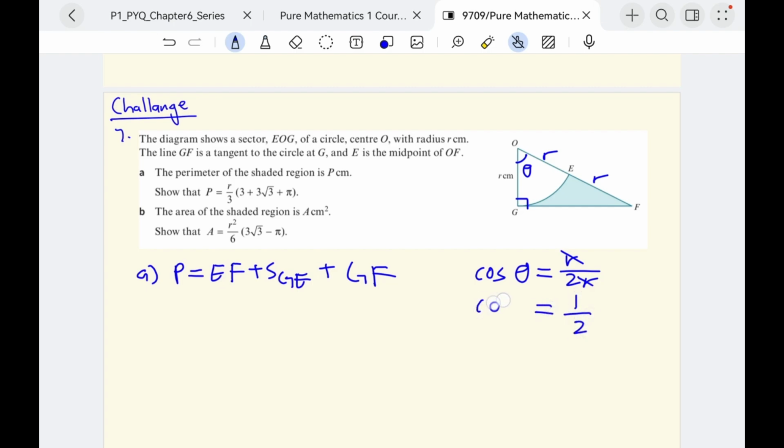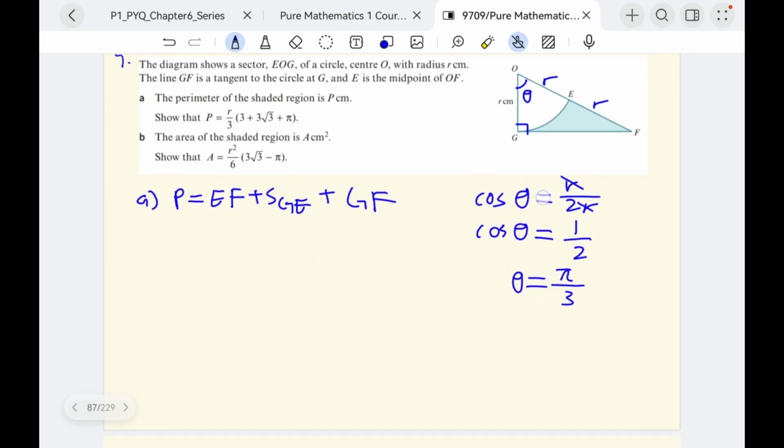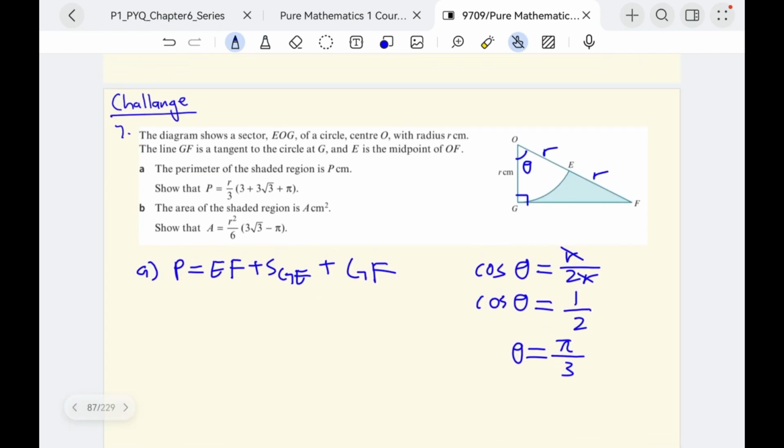So cos theta equals half. Given that theta must be in radians to get the arc length easier, take the arc cos on both sides, so you will get pi over 3, because it is 60 degrees.